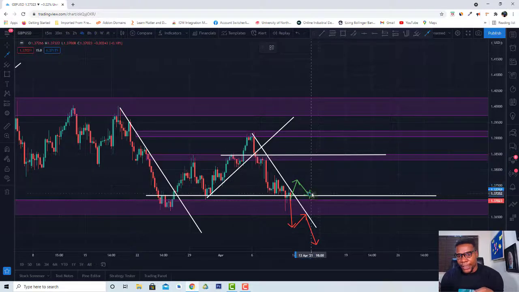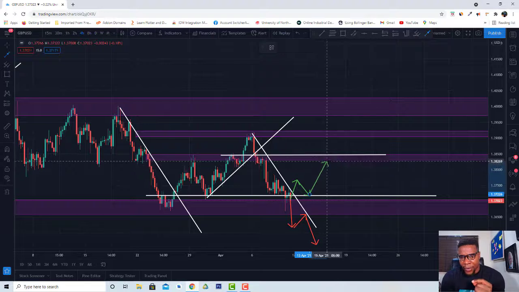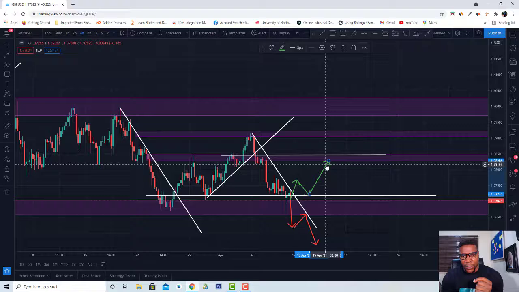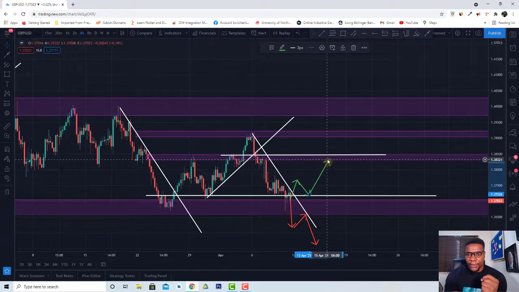And our first take profit target is going to be right here, because we know that there will be some rejections here, since this also is a resistance zone, all right? So our first take profit is going to be right there.